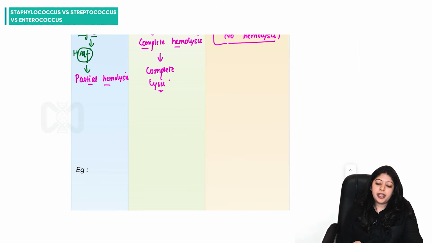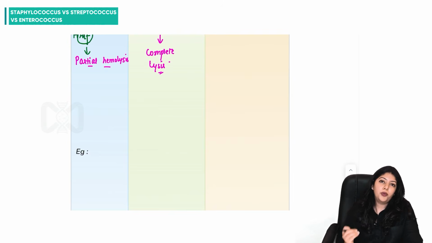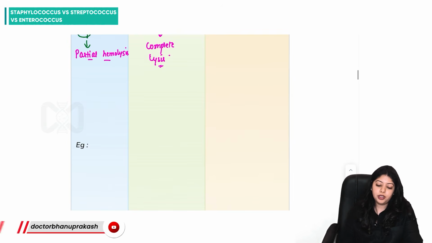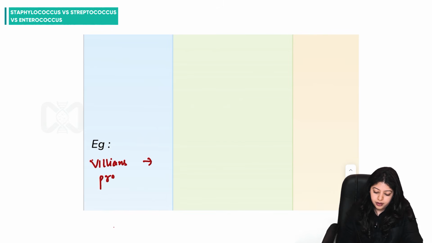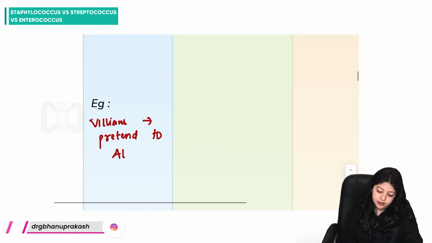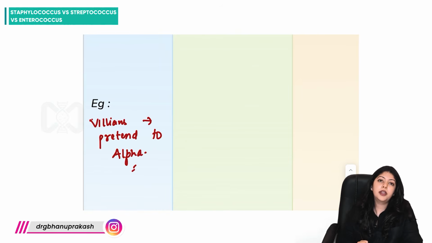So what are the examples of alpha hemolysis? Which bacteria show alpha hemolysis? Alpha males usually pretend to be villains, they pretend to be alpha, right?